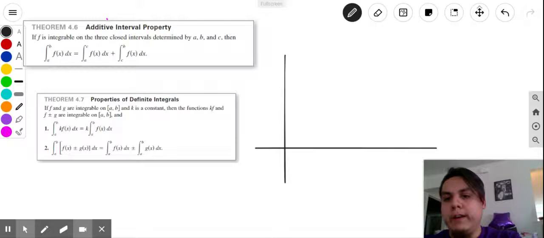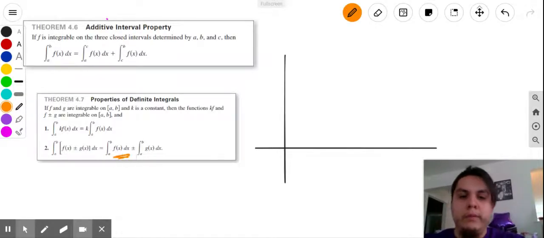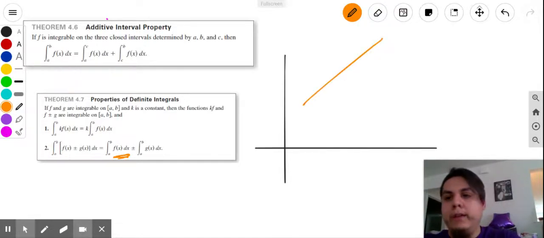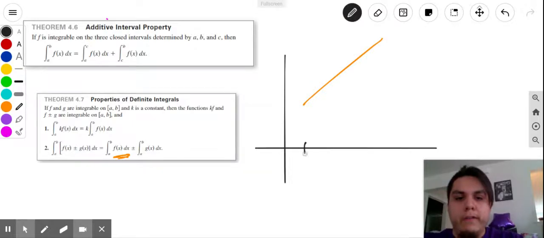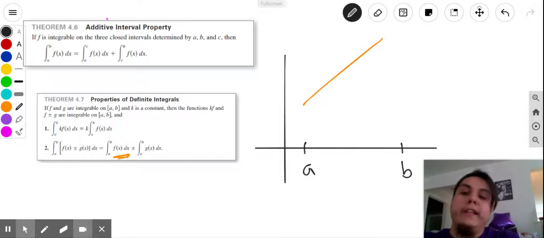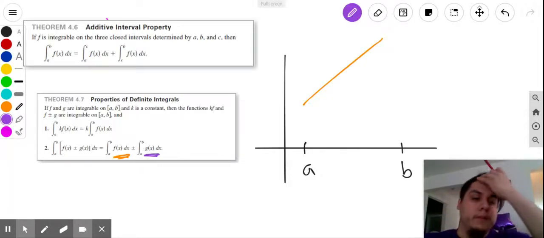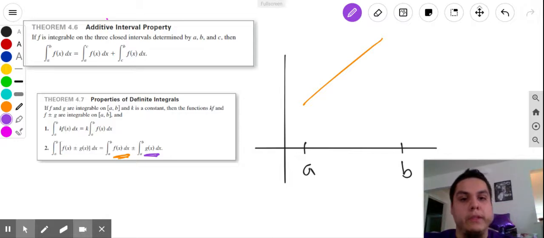And let f of x be orange from A to B. So let's just make it a nice little straight line from A all the way to B. And let's have g of x be something else.